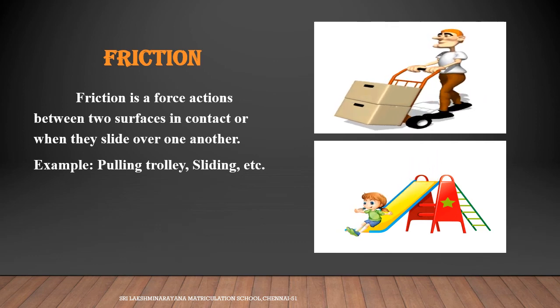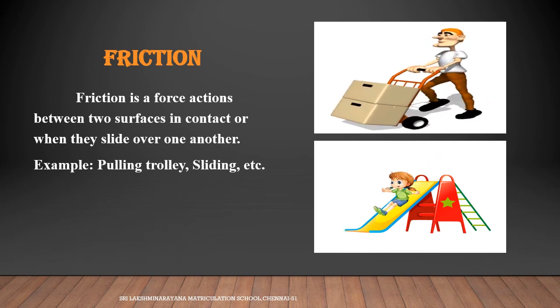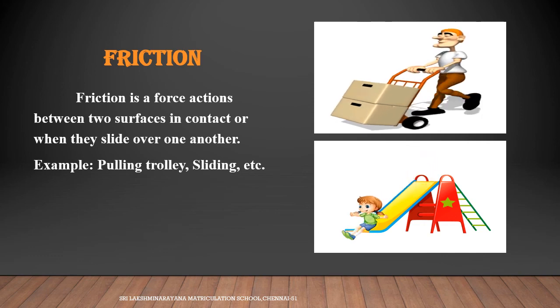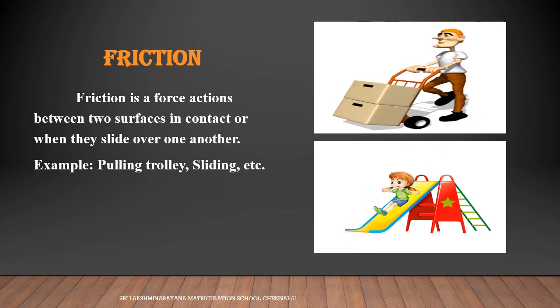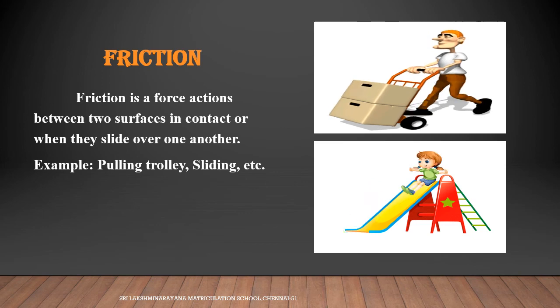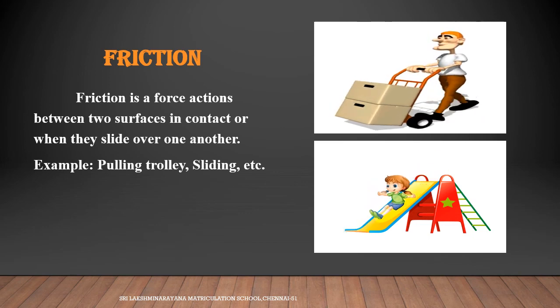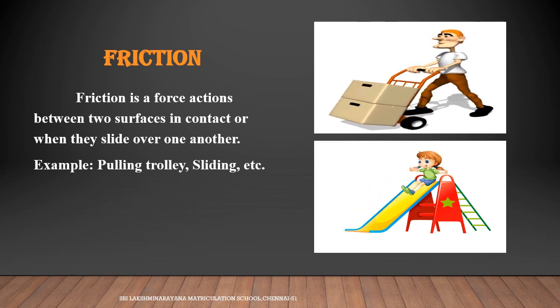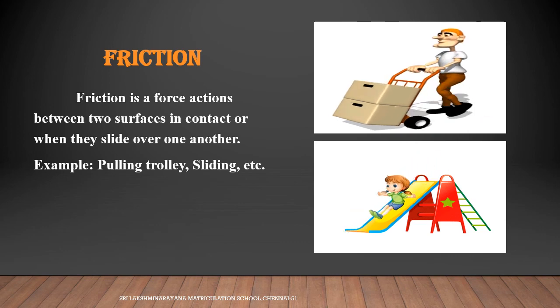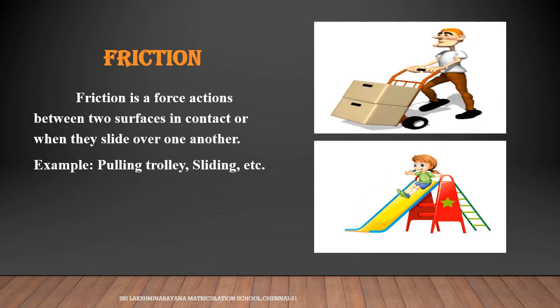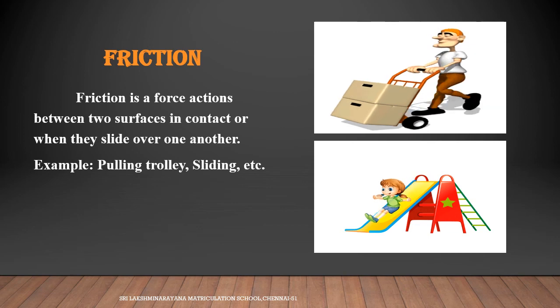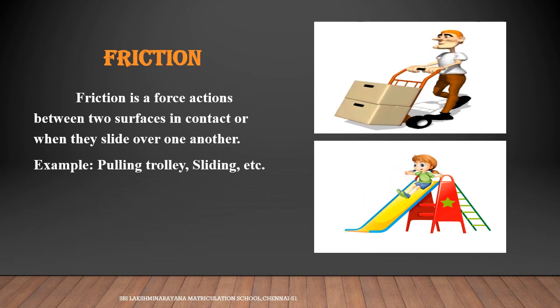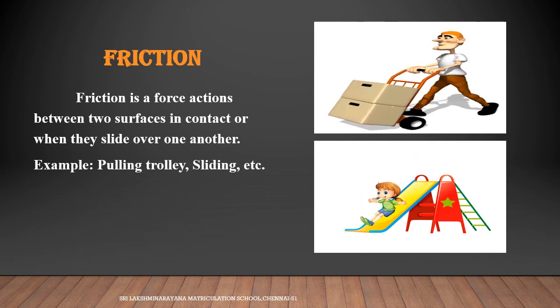If you take a slider as an example, the friction between the girl and the slider is very less. It is because of the smooth surface of the slider that makes the girl easily slide over. So, this is an example of friction.